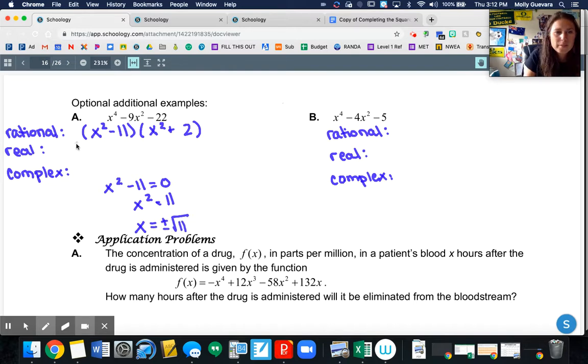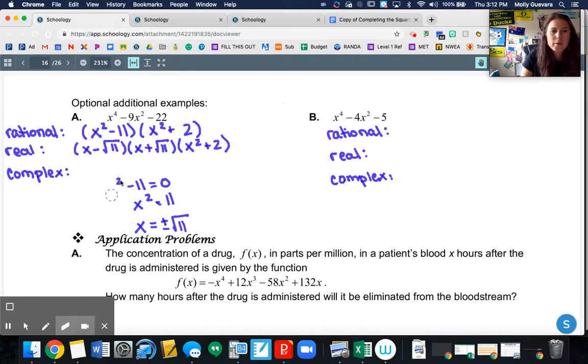So that means under real, I have x minus positive square root 11, x minus negative square root of 11. And then this x squared plus 2 has to just stay because that would get me an imaginary number, and I'm not allowed to have imaginary numbers on that answer. I'm only allowed to have real.